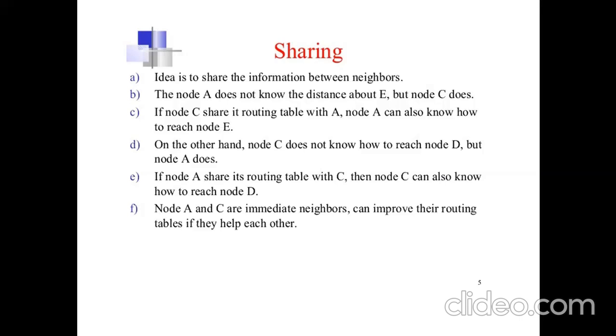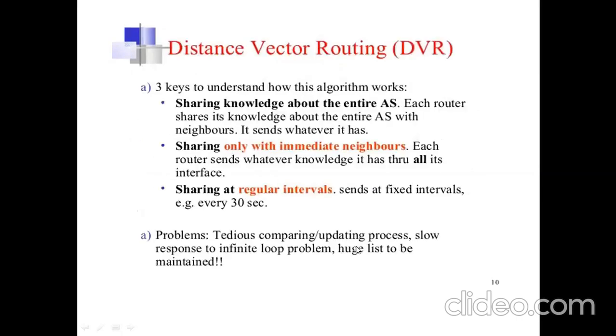If node C shares its routing table with A, node A can also know how to reach node E. On the other hand, node C does not know how to reach node B, but node A does. With the help of that idea, we can easily share the distances with the neighboring nodes. If node A shares its routing table with C, then node C can also know how to reach node B. Nodes A and C are immediate neighbors and can improve their routing tables if they help each other.